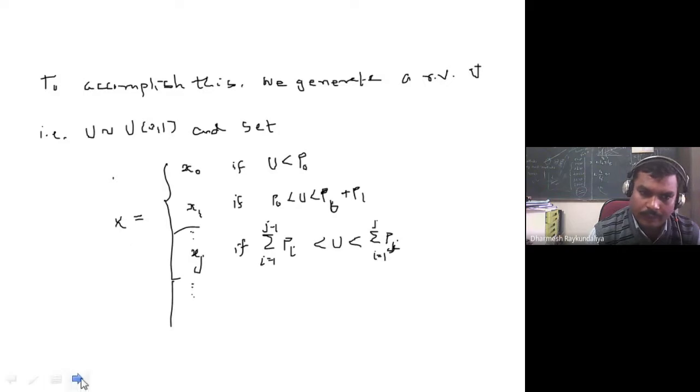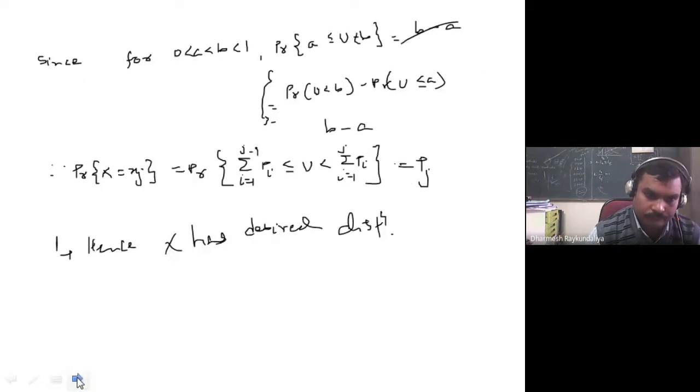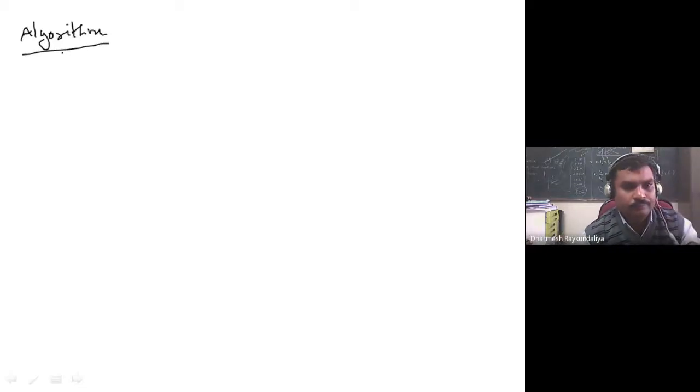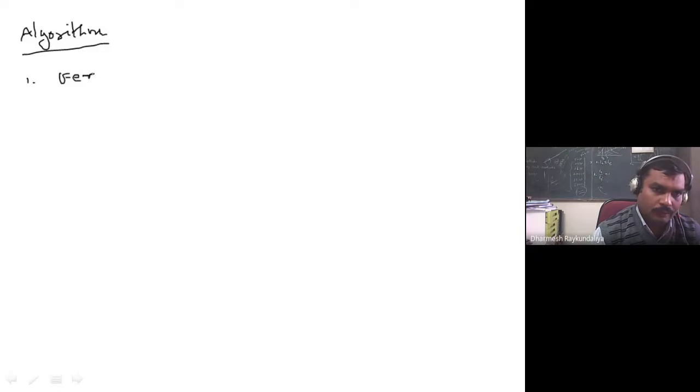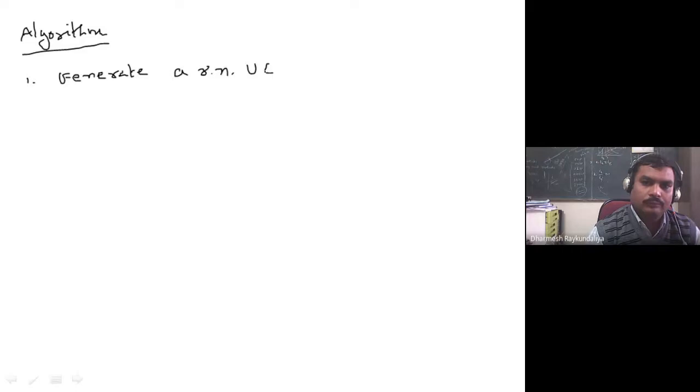So we will write it in the form of an algorithm. What we require is the probability mass function. The first step is you have to generate a random number u from uniform 0 1.